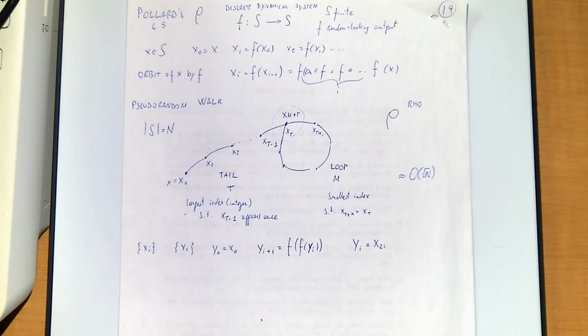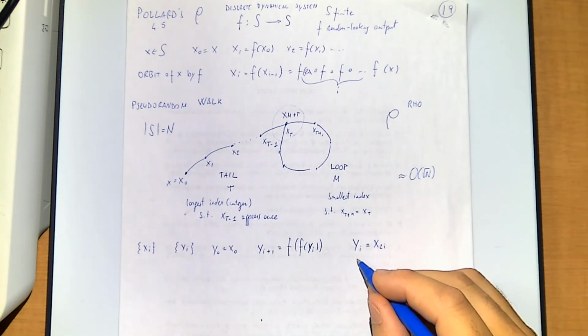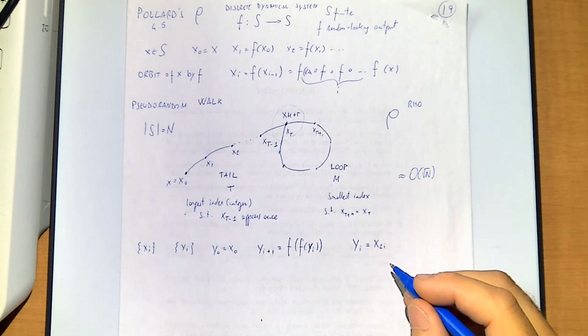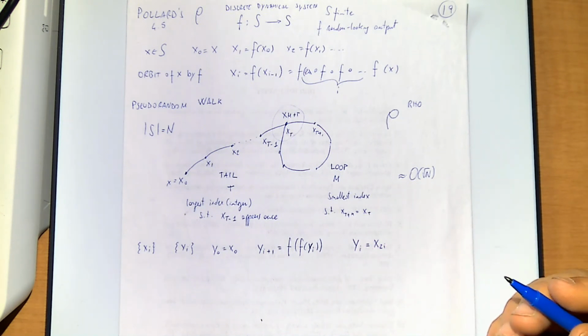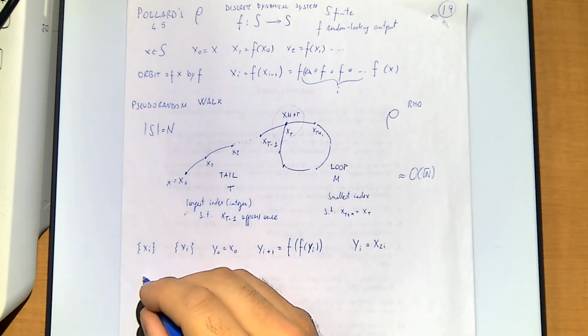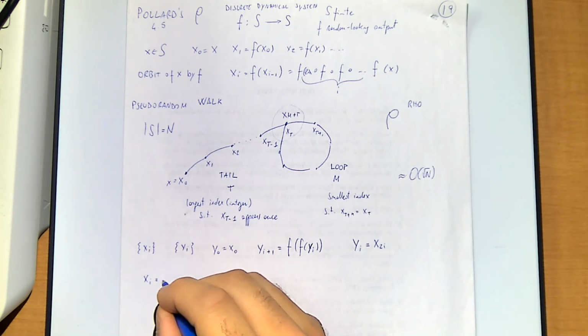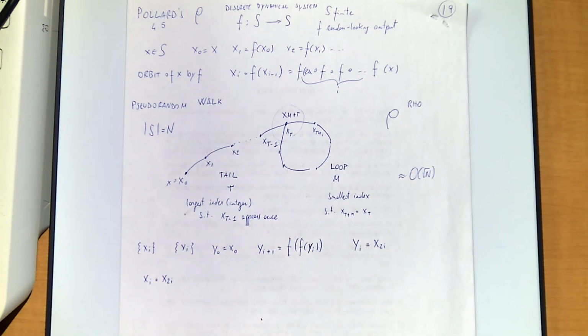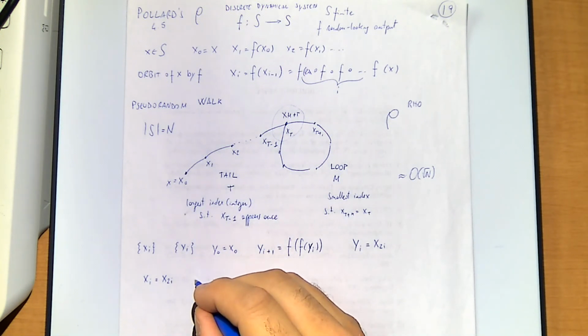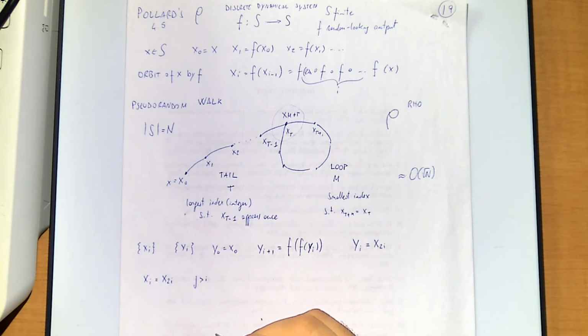Okay, so how long will it take me to actually find an index i? I want to find a collision, so I want to find a certain xi that is equal to x2i for some value. So if we consider, say, j greater than i, let's look at the condition.